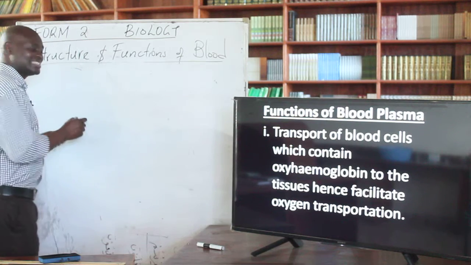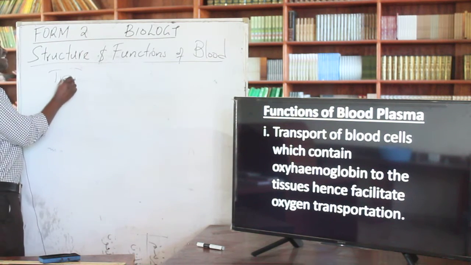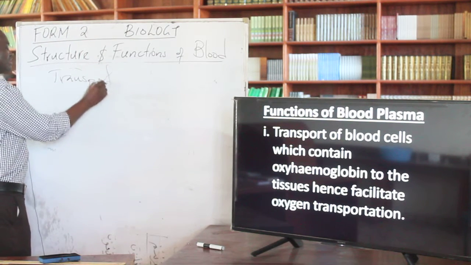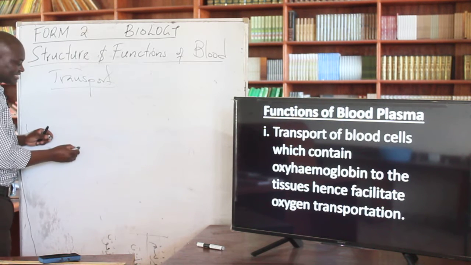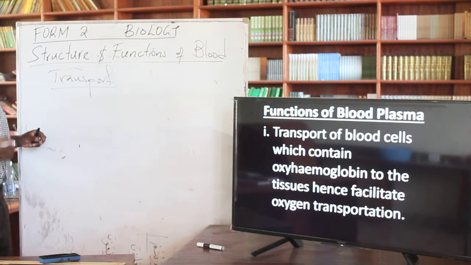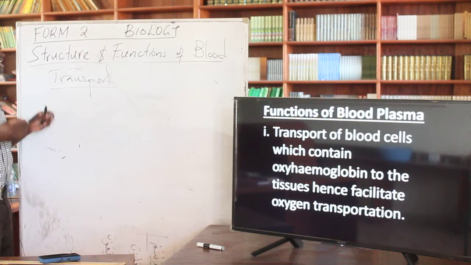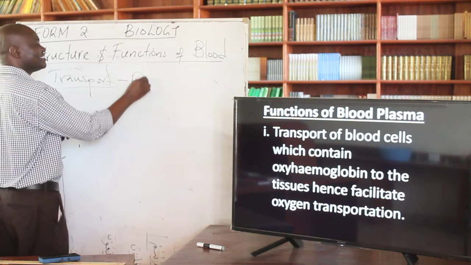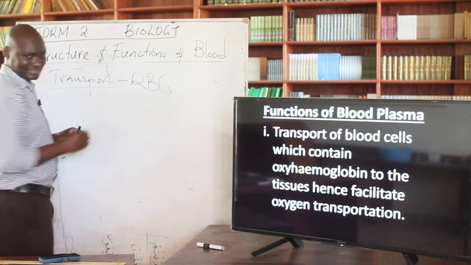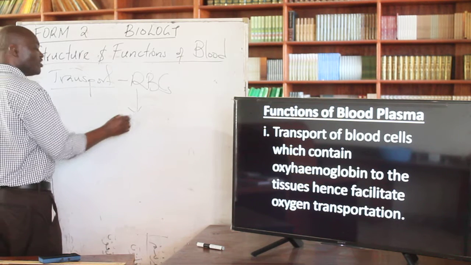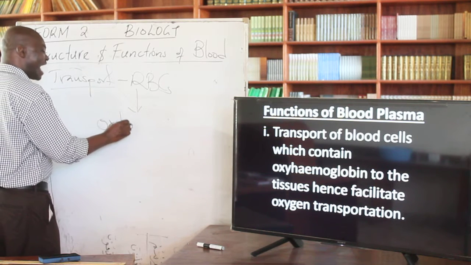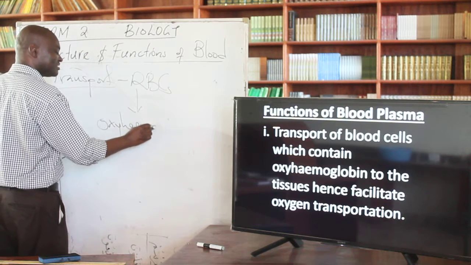So under the transport role of the plasma, we say it transports red blood cells. And these red blood cells contain what is called oxyhemoglobin.